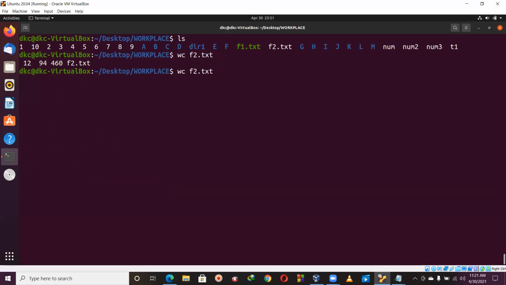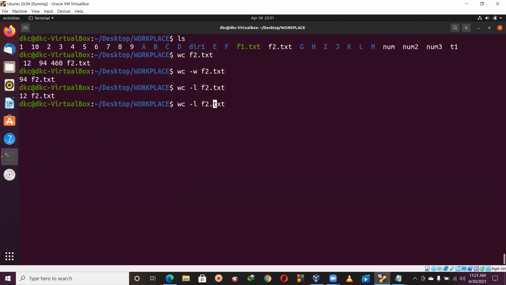Then in that case, this is useful. I should note down -w. Next one, -l gives us the line count. Next one, -c gives us characters. Got it? Yes. Okay, fine.